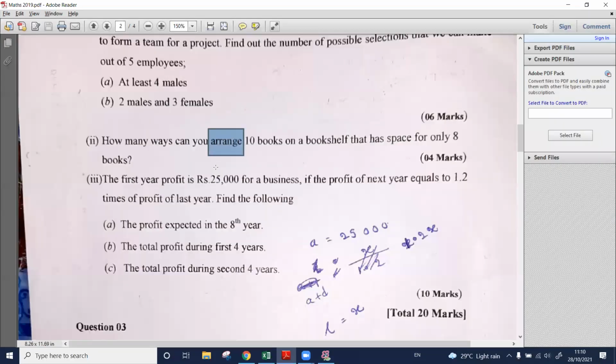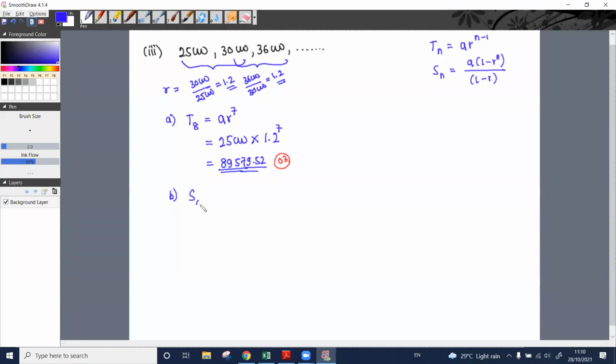So here we need to get the sum of the total profit during first 4 years. So how it should be? A into 1 minus r to the power 4 divided by 1 minus r.